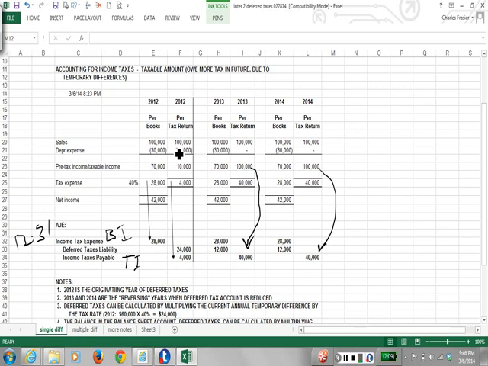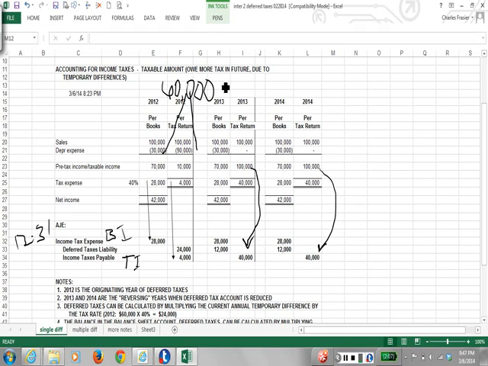Notice then there is a key term in this chapter, and it's called temporary difference. The temporary difference is a difference in the tax depreciation and the book depreciation, and that difference is $60,000. Again, that $60,000 is known as the temporary difference.